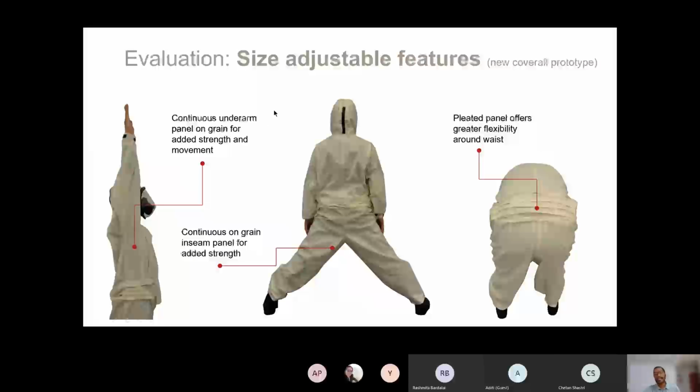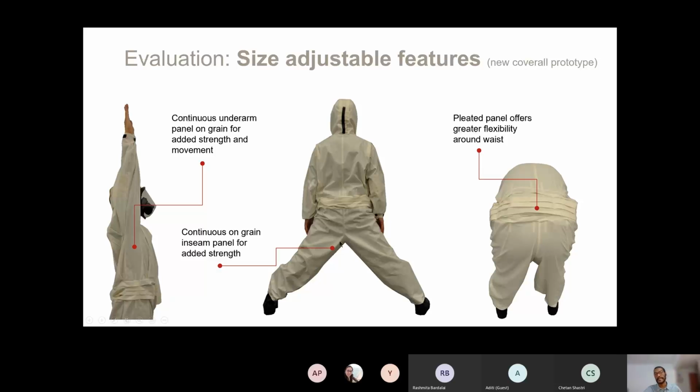There were things like eliminating or having minimal seam under the underarm, which would eliminate areas of stress and strain, because the underarm was one area where there was a high number of reports of tearing along the underarm seams and the crotch seams.